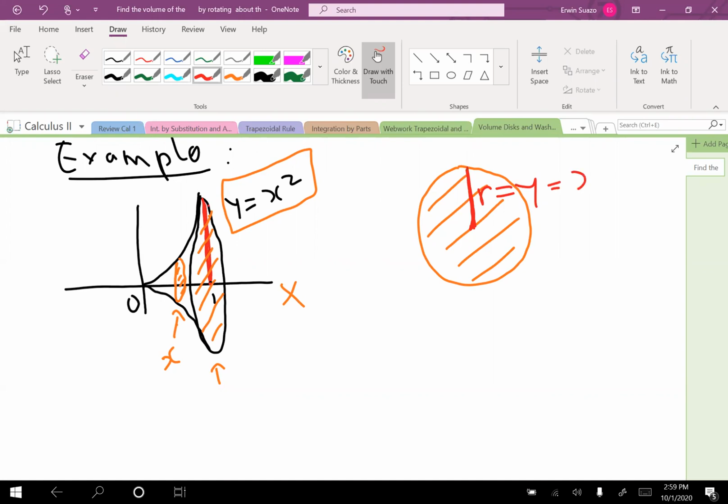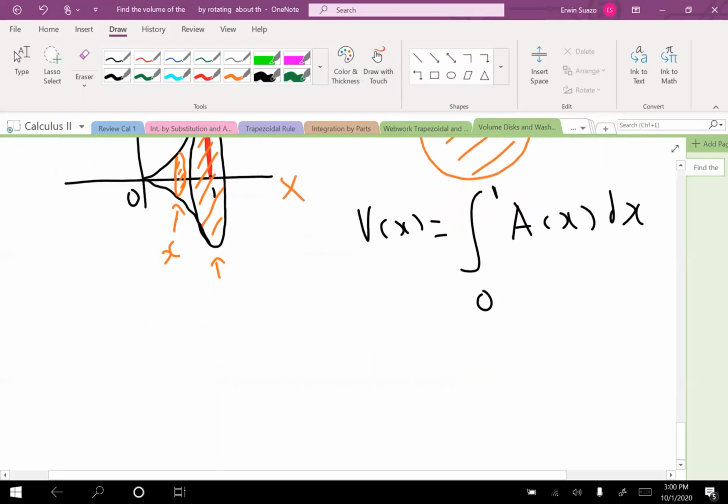So in this case, it's x squared. So all that I need to do is the volume of x is the integral between the values, in this case 0 to 1, of A(x) dx.